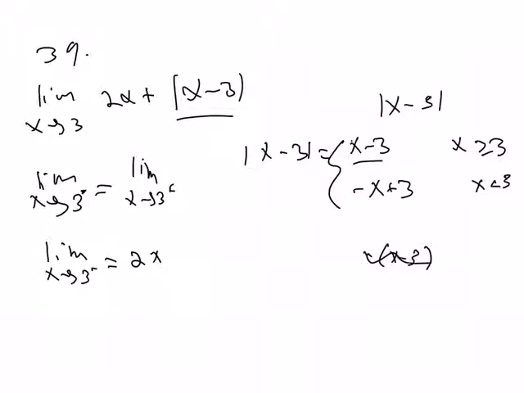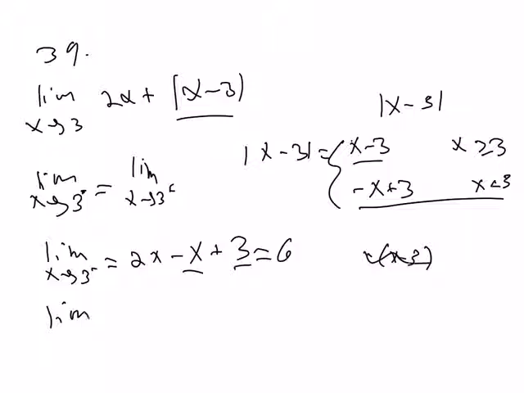If x is approaching 3 from the left, then x is smaller than 3, so this is just going to be negative x plus 3. Now we can plug in what x is, and this is going to equal 6, because these are going to cancel.